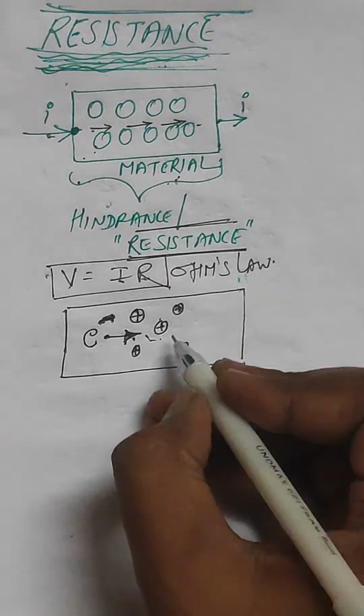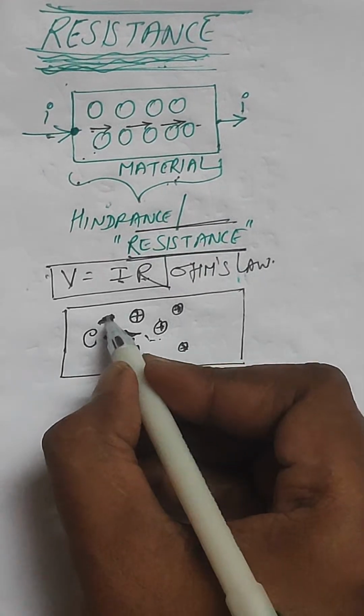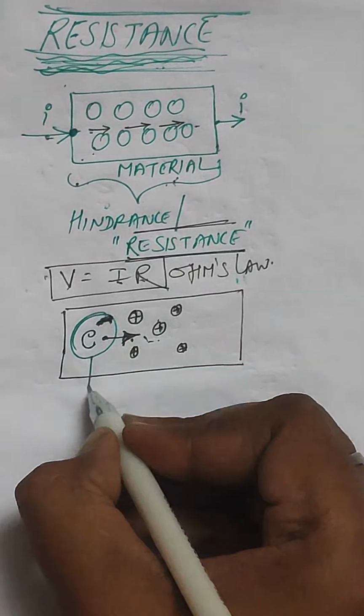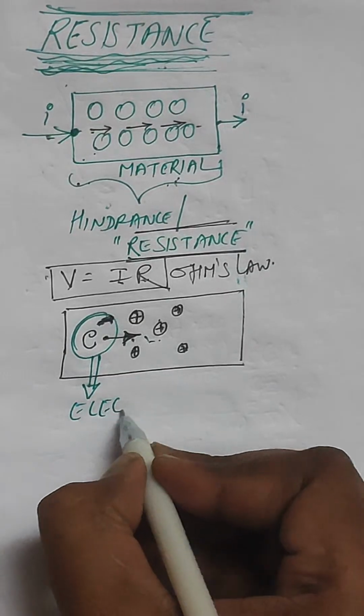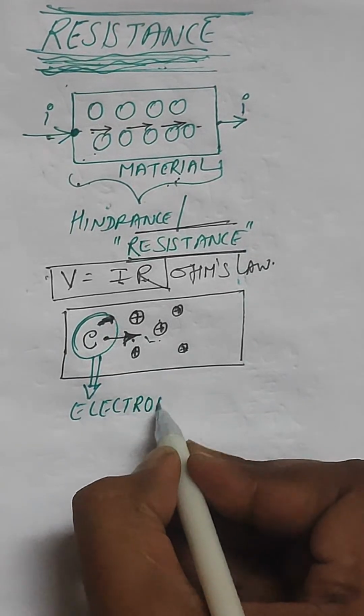So these protons will be creating hindrance to the electron. I'm zooming in on one of the electrons, just for understanding.